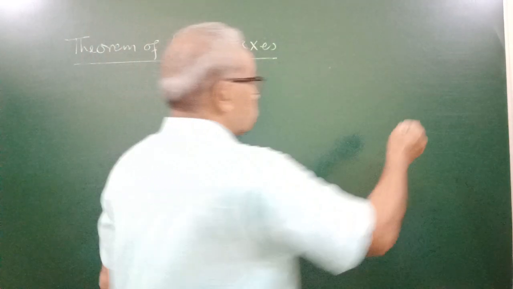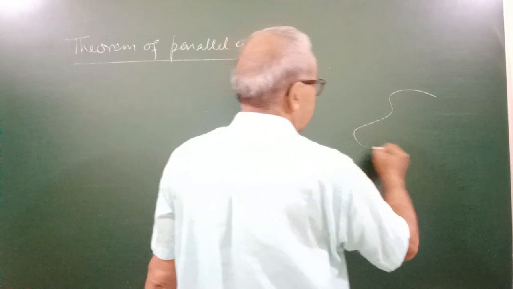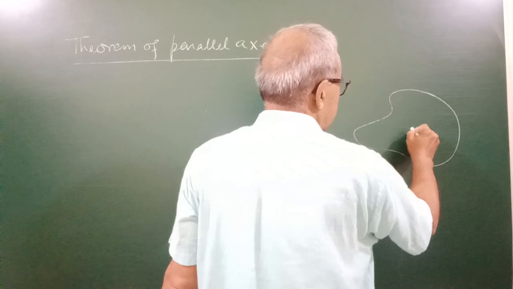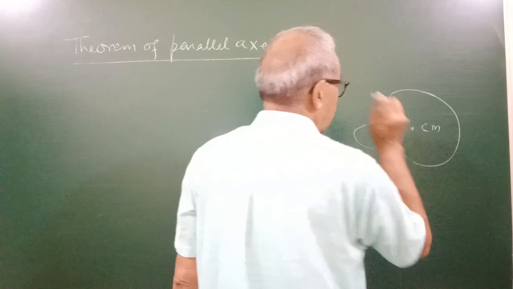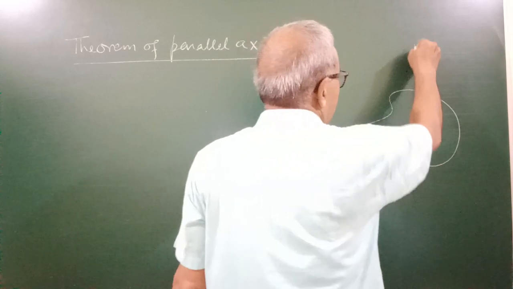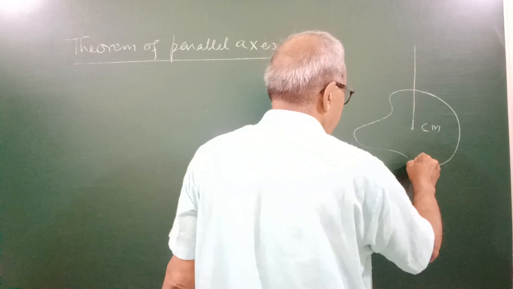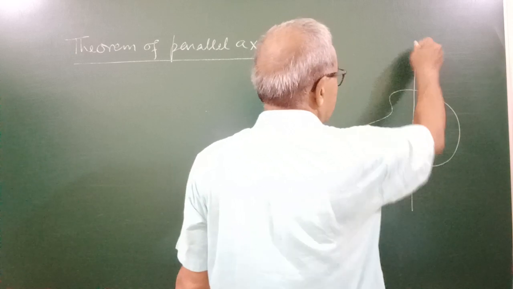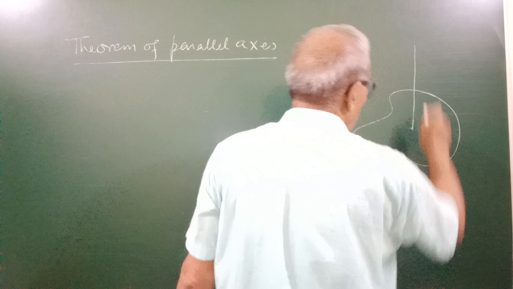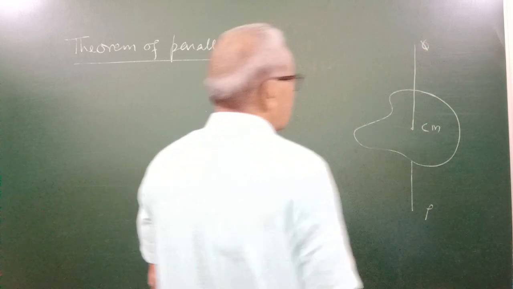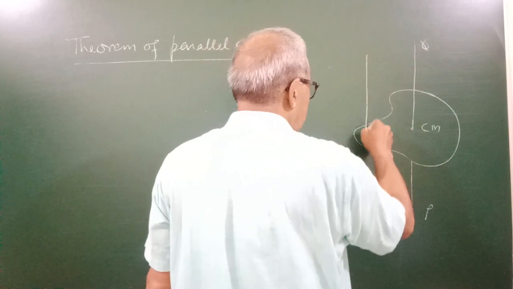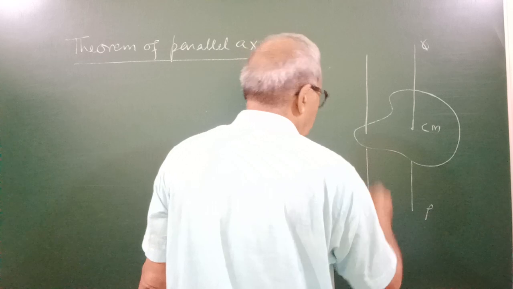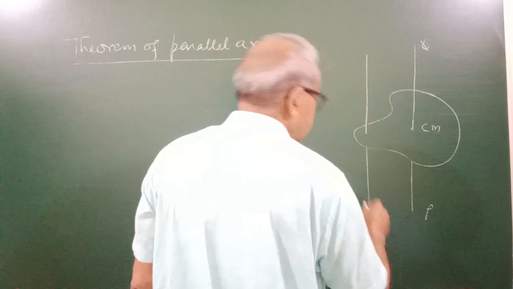So how to show a diagram here? It is a lamina here, this is CM, the central mass, and an axis passing through this. It can rotate about this axis. Let this be PQ. There is another axis, maybe here or away from this, RS.